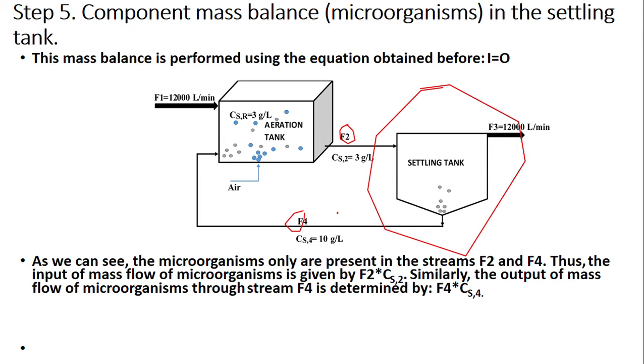Thus, the input of mass flow of microorganisms is given by this product, F2 multiplied by its concentration. Similarly, the output of mass flow of microorganisms through stream F4 is determined by this product, F4 by the corresponding concentration. Of course, this is the microorganisms' concentration.